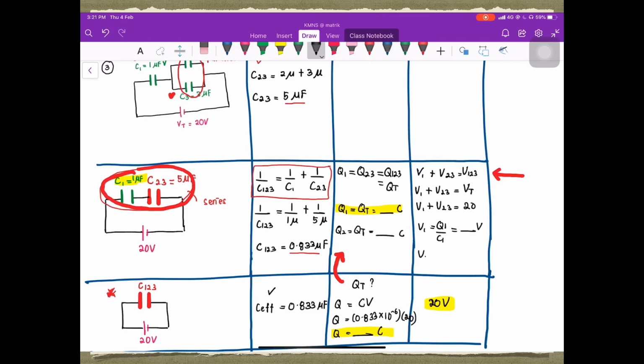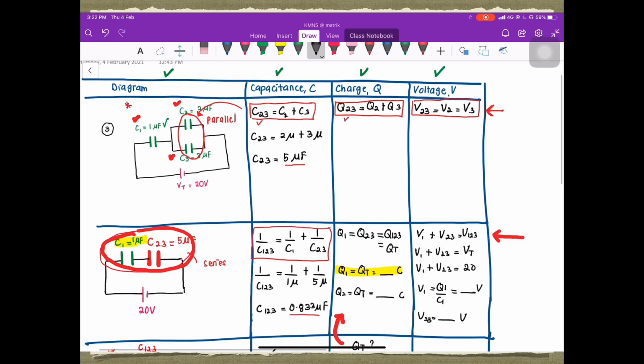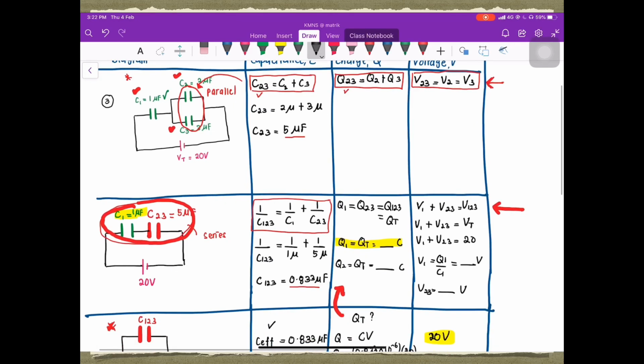After that, can we calculate V23? Yes. Okay, next. Refer to this previous row.